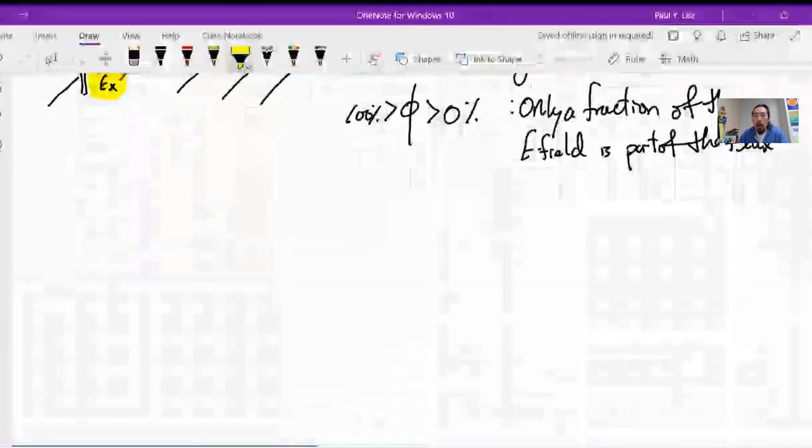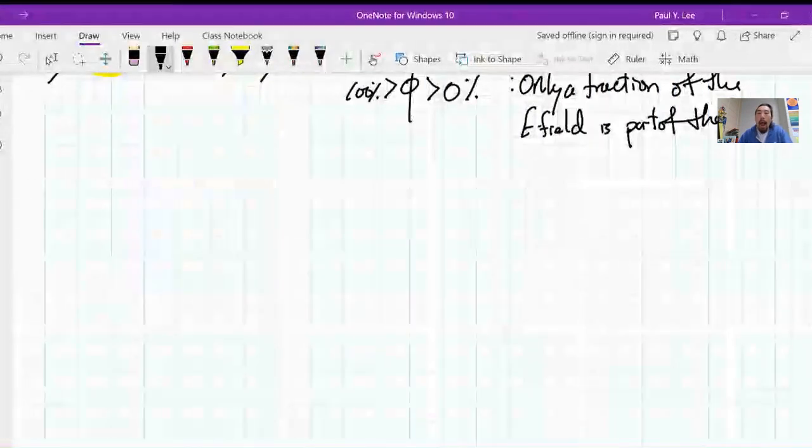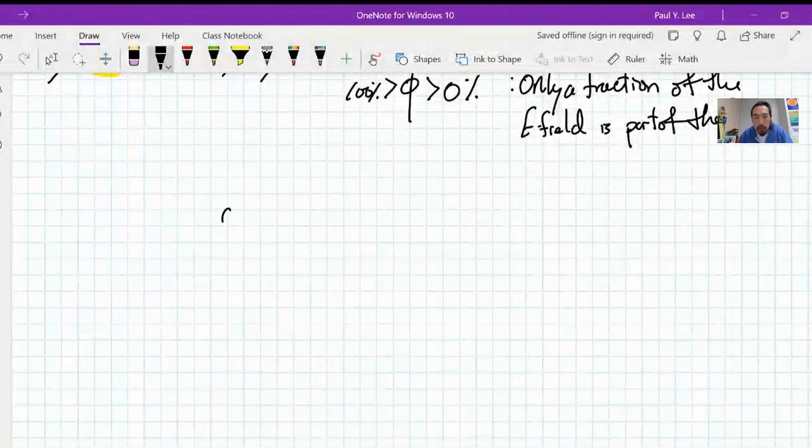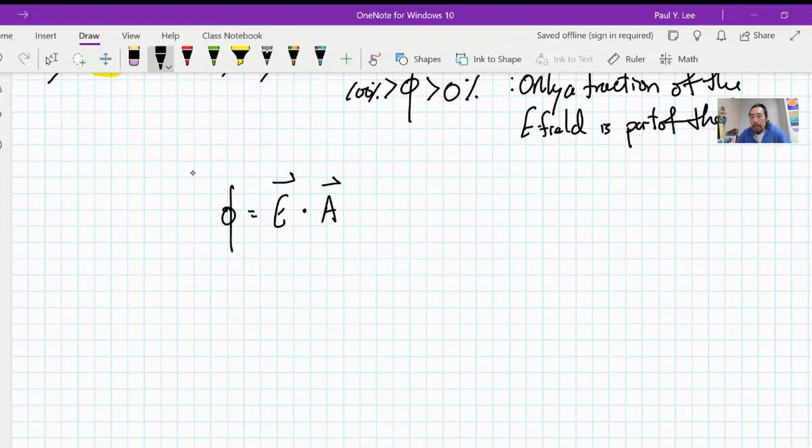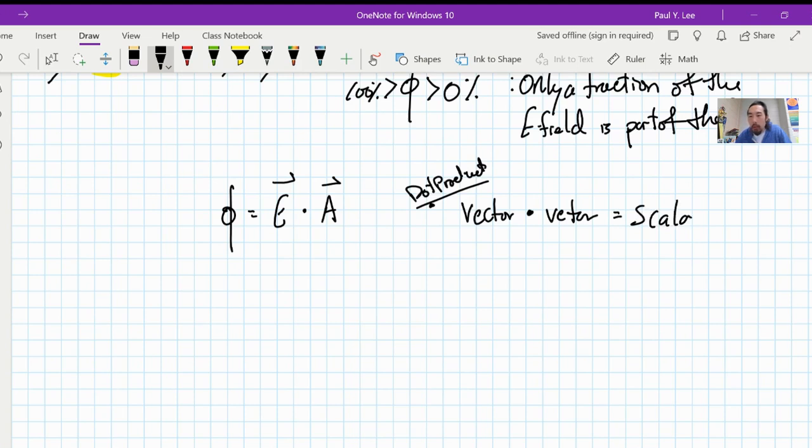So with all of that, our actual formula for flux: we know that flux is E dot A. And that dot product, let's label this dot product, gives us a scalar quantity, so magnitude only.